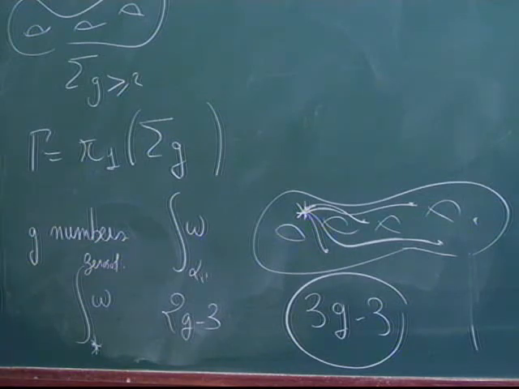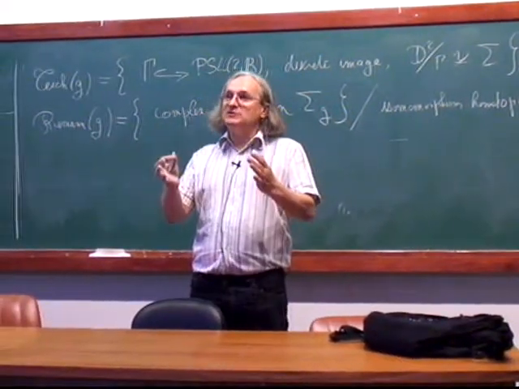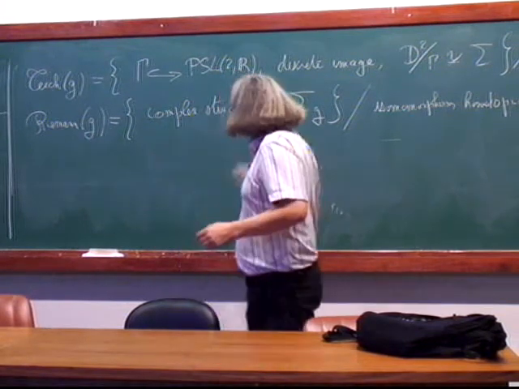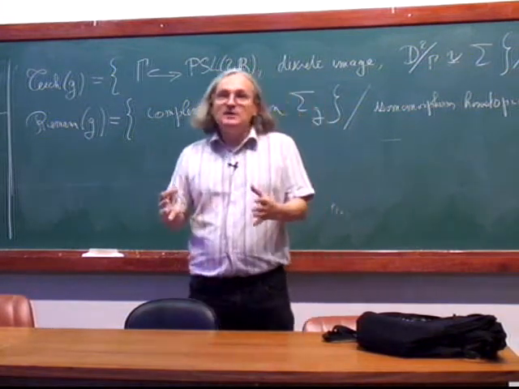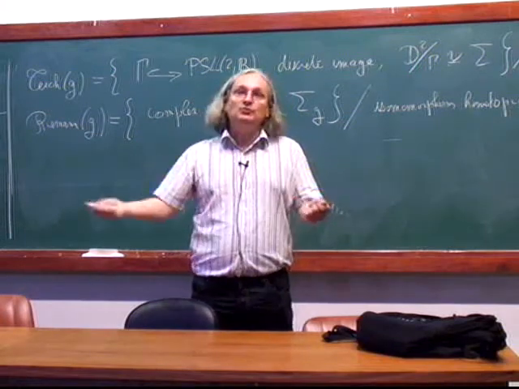So really when I say Riemann proved that this is a complex manifold of dimension 3G minus 3, I think it's indeed rather convincing. He really found local coordinates for this space. These local coordinates are really given explicitly by integrals, you can compute numbers.